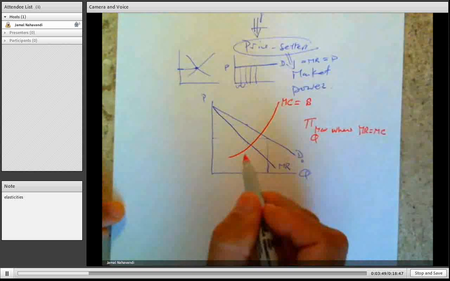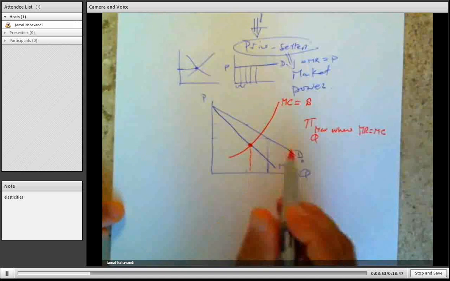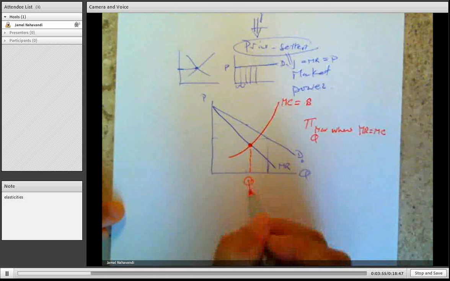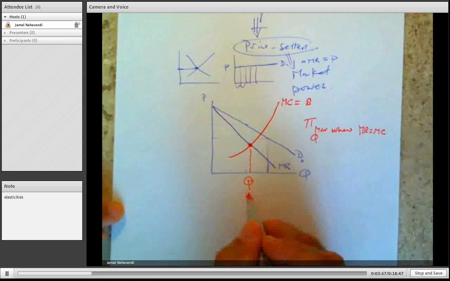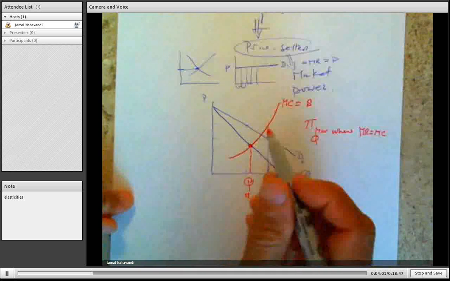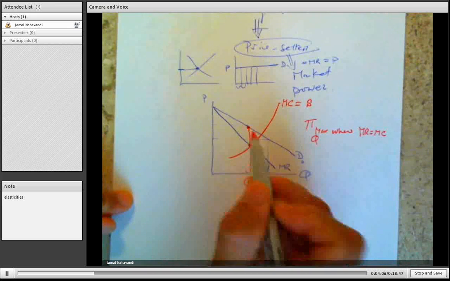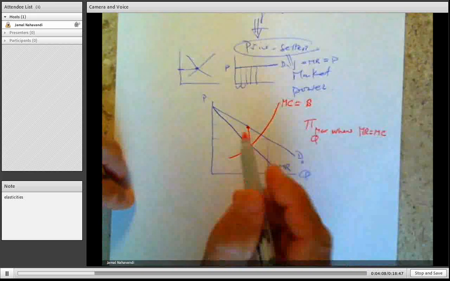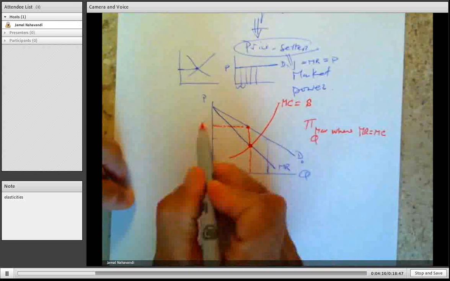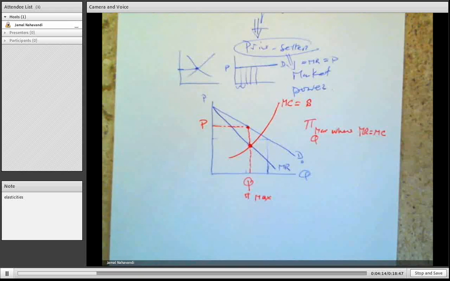So that happens to be at this point where it will decide its profit maximizing level of production. Now, the price that it can charge is determined by the willingness of the consumers to pay, and so price is determined by the level of output that the firm wishes to sell.